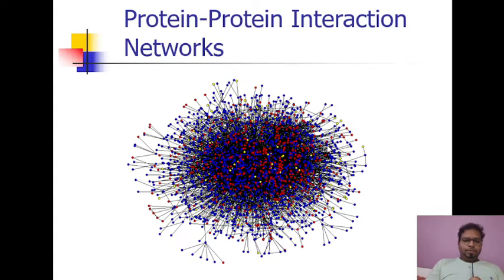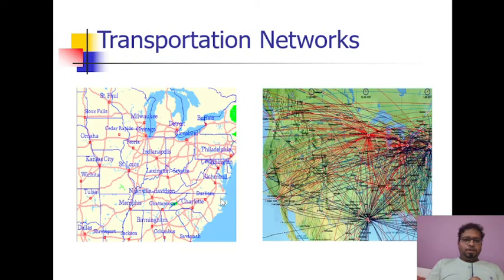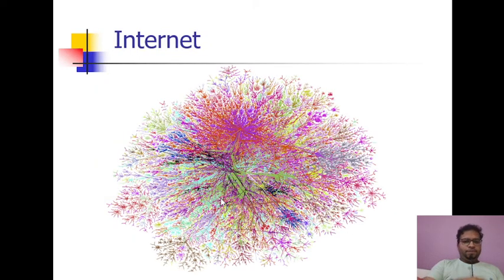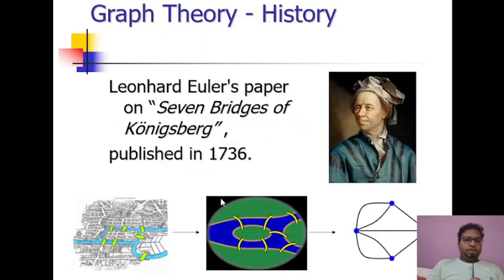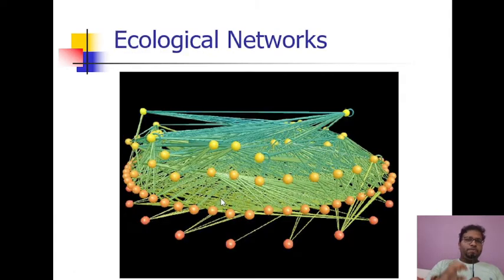Again, these are nodes and edges only, a set of lines. This is a transportation network. You can have various examples: the Internet, ecological networks. These are the basic examples, and some of the main examples on which you can apply graph theory.